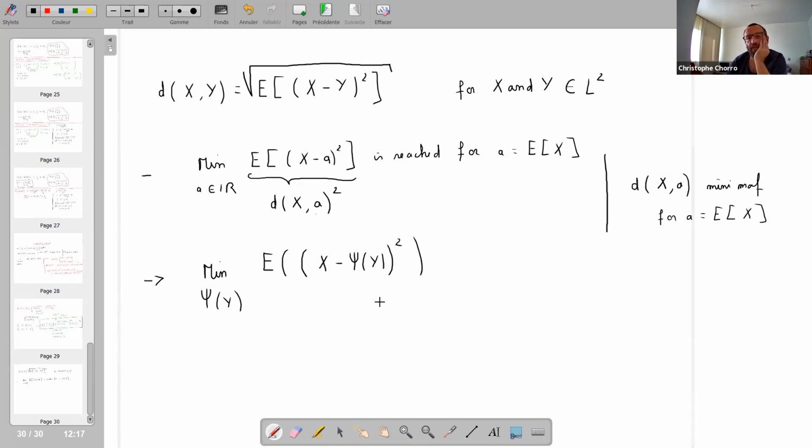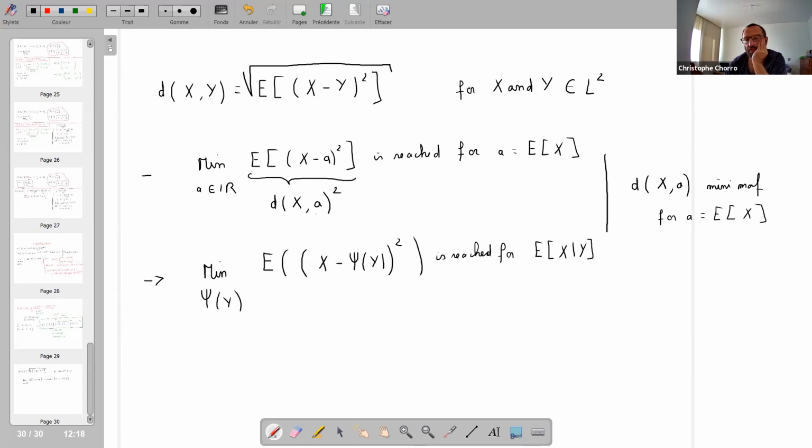And we have proved together at the end of the chapter concerning conditional expectation that if I want to approximate x by a function of y in this sense, the minimum is reached for the conditional expectation of x given y.